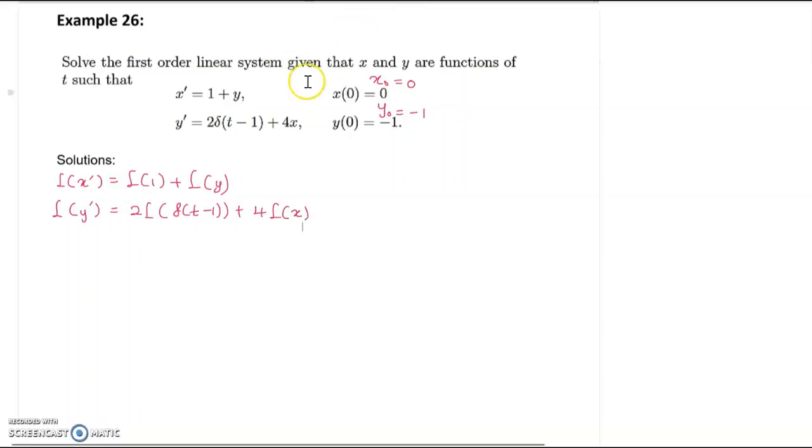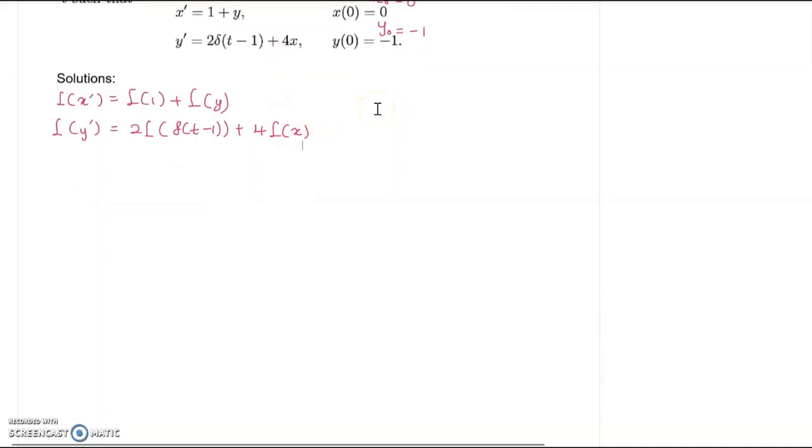By the transformation formula, the Laplace of x prime is sX minus x(0), where capital X is x in terms of s. On the right hand side, Laplace of 1 is 1 over s, and Laplace of y is Y(s), so just write as capital Y.